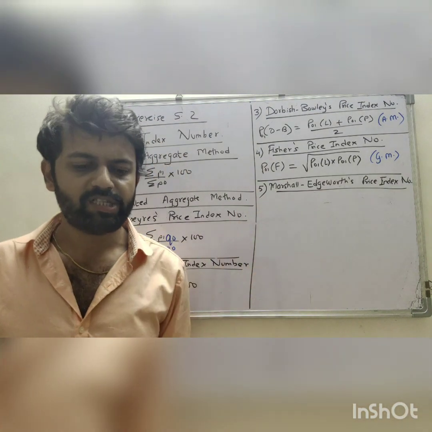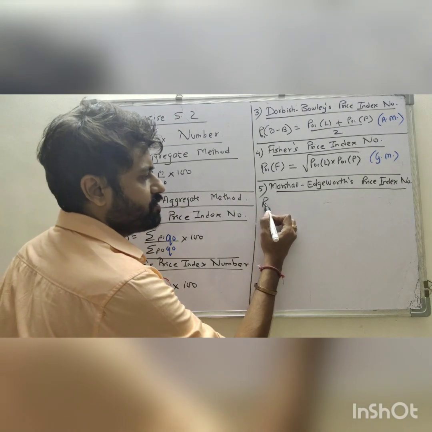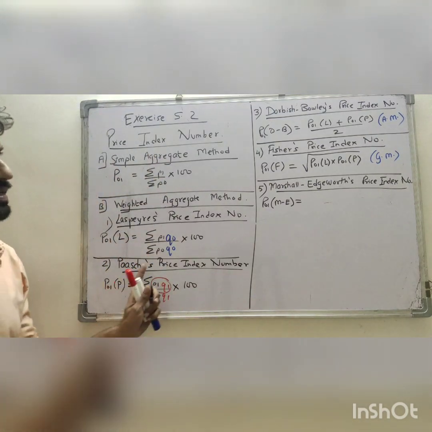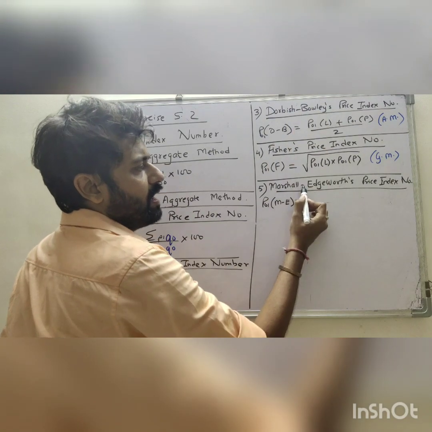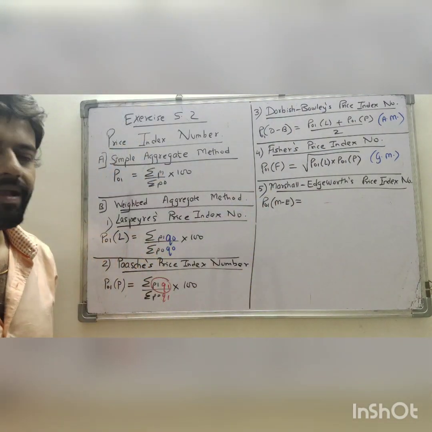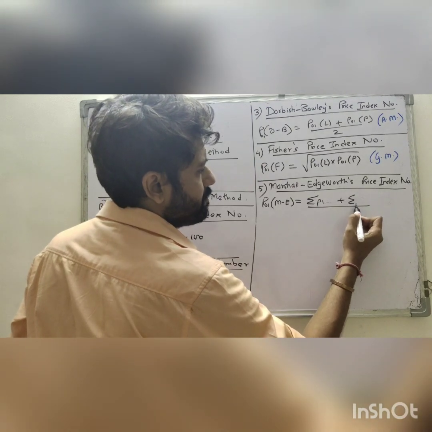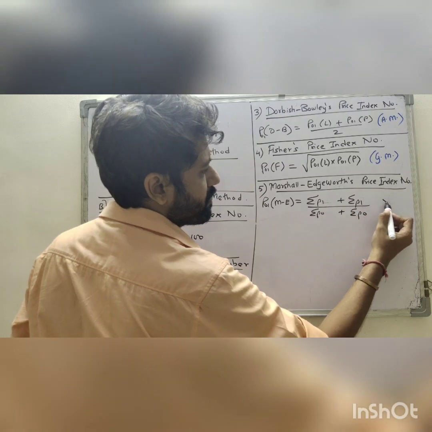I have written Marshall Edgeworth's price index number. So definitely P01 ME will come like this. Marshall-Edgeworth, like Drobisch-Bowley, put a hyphen. Summation P1 Q0 plus summation P1 Q1 upon summation P0 Q0 plus summation P0 Q1, into 100.